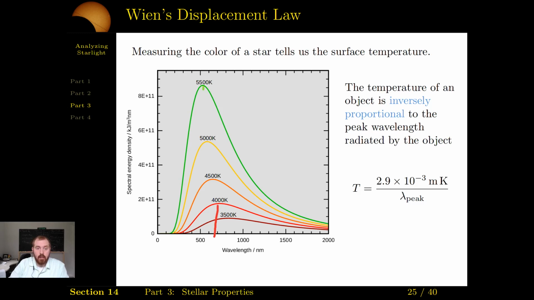Or the peak wavelength of this guy at around 5,000 Kelvin, right? So if you can measure the peak wavelength, then by what's called Wien's displacement law, that's this guy, you measure the peak wavelength and you do 2.9 times 10 to the minus third meter Kelvin per that wavelength. You calculate the temperature. So you measure that peak wavelength. By finding the peak wavelength that star is radiating, you know its temperature.